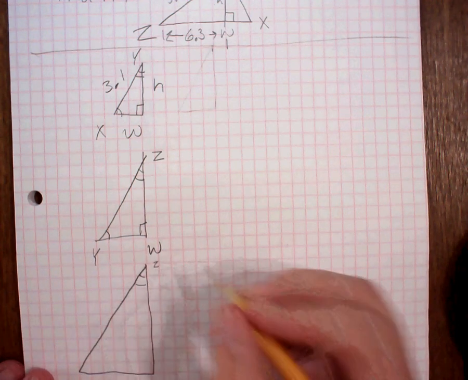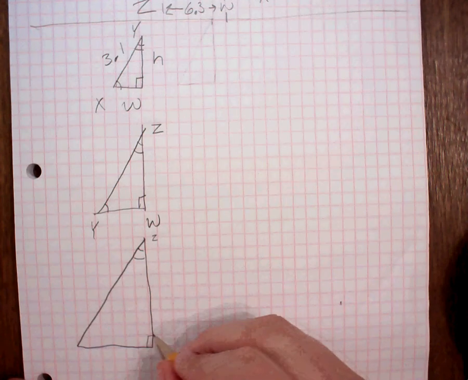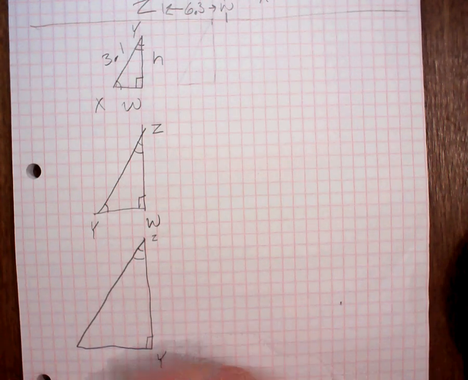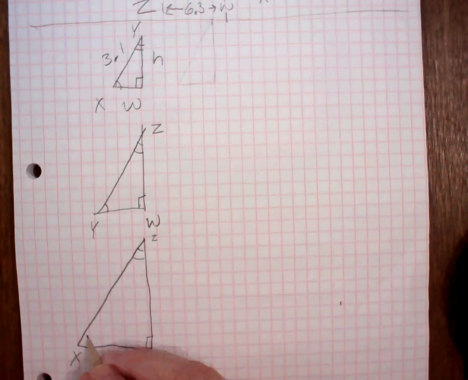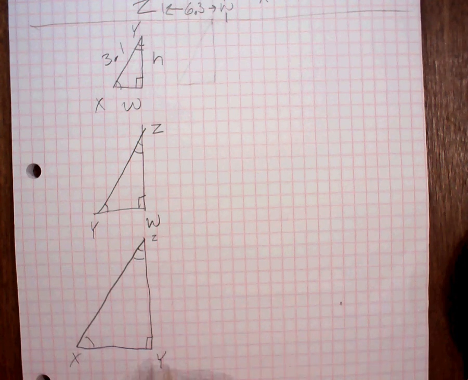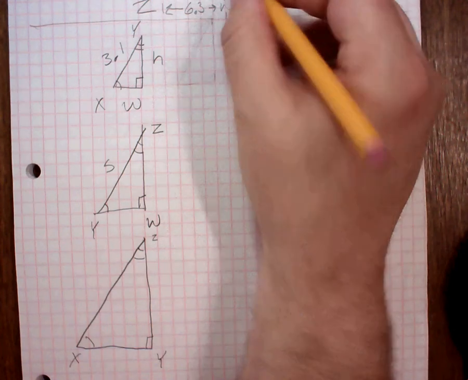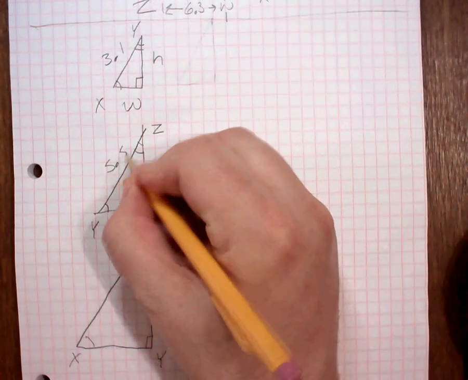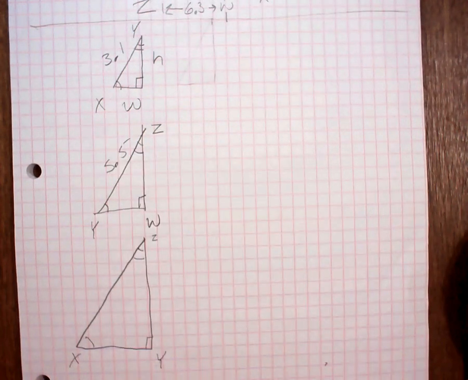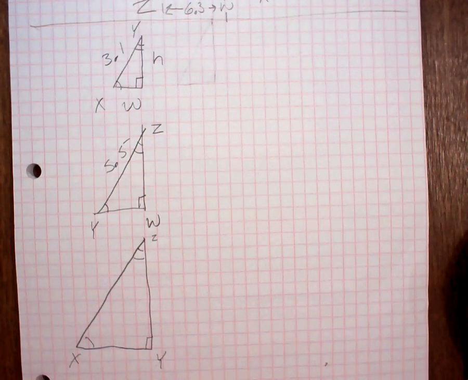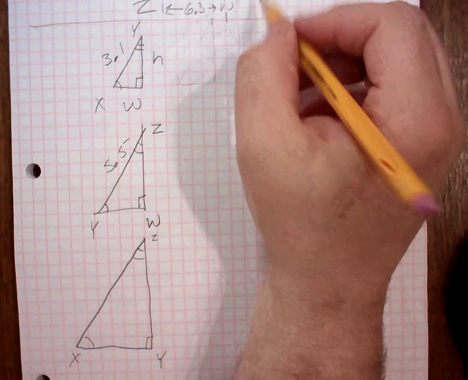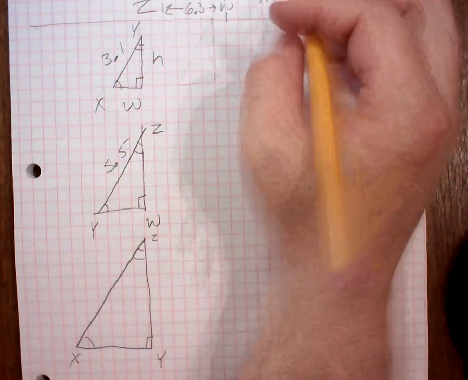This is Z, and this is Y, and this is X. So those are the three triangles that are similar. Let's label this from Y to Z is 5.5. Now, if you're wondering how I knew all that stuff, we just go to the example that we did to figure out that all three triangles are corresponding.